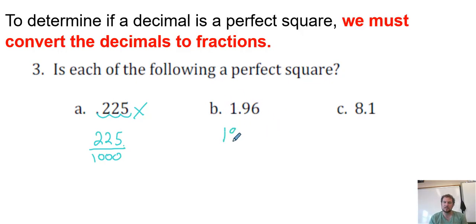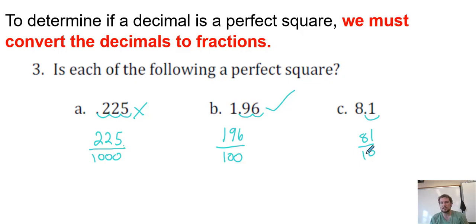So 1.96 is 196 over 100, since we move it twice. 196 is a perfect square, it's 14 times 14, and 100 is a perfect square, it's 10 times 10, so this is a perfect square, and I don't know why I put an equal sign there. And finally, 8.1, same idea. We move the decimal place once, so this is 81 over 10, and 81 is a perfect square, but 10 is not.